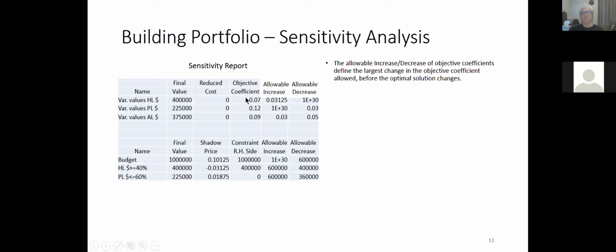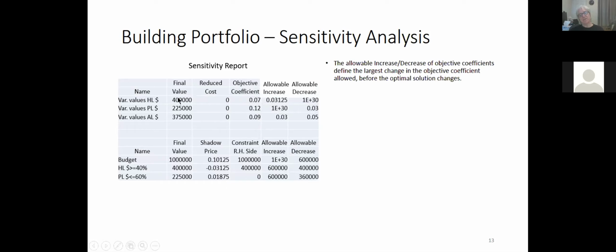The number 0.07 here is the rate of return for home loans, right? It can increase up to 3.125%, which means up to 10.125%.